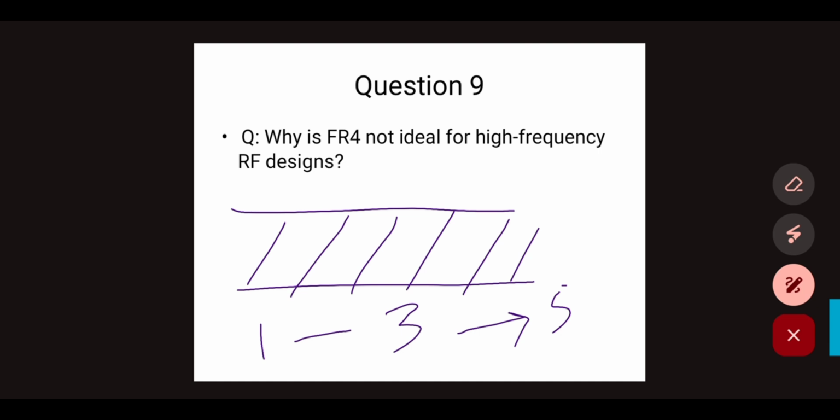So that is why it is used for low speed signal applications.